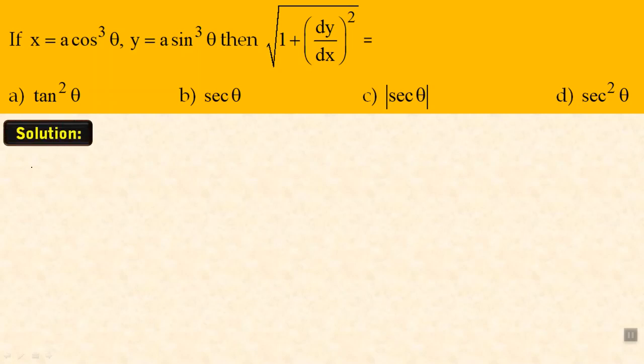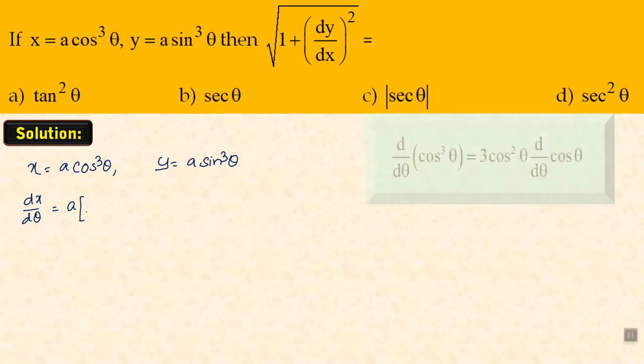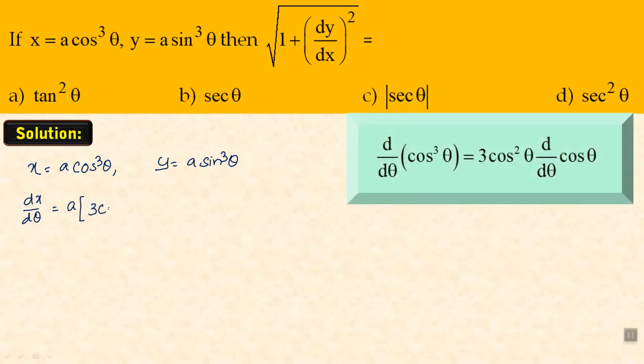Let us find this. Given x is equal to a into cos cubed theta, y is equal to a into sin cubed theta. Here, differentiating with respect to theta, we get dx by d theta is equal to, here a is constant. Differentiation of cos cubed theta is 3 into cos square theta into d by d theta of cos theta.